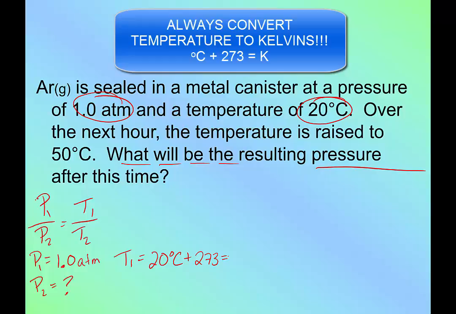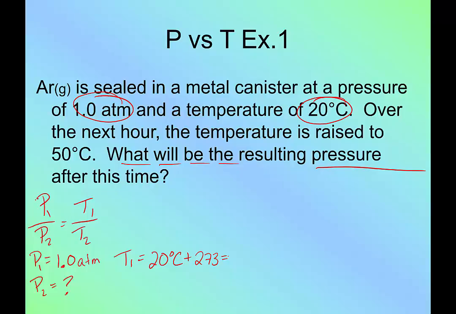That's important in problems like this because if we had a negative temperature, then we'd have a negative pressure, and that would result in a vacuum, and that's just not possible. In actuality, a vacuum is not negative pressure, it's zero pressure. So you can't have negative pressures, you can't have negative volumes, so we have to use a scale that allows for no negatives, and that's Kelvins.